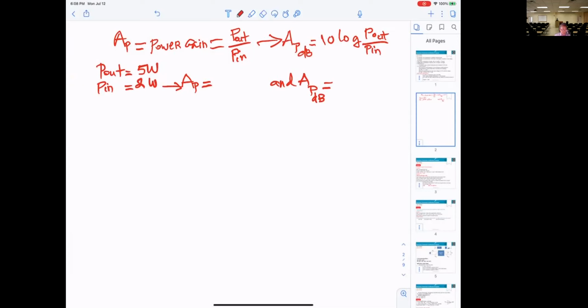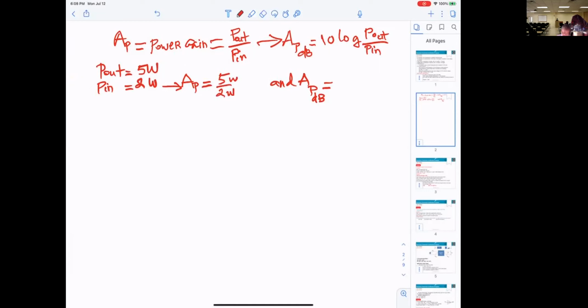So the easy one, AP, you can see that 5 watt divided by 2 watt. And now you tell me what AP in decibel.